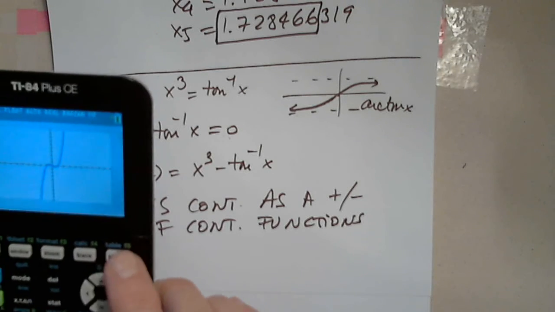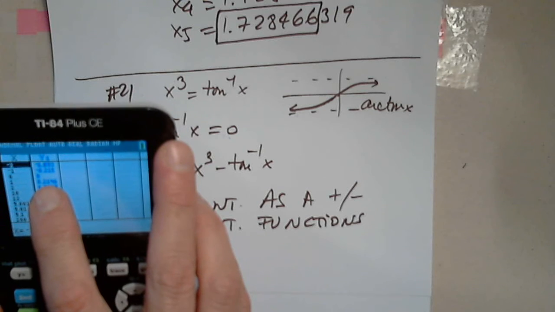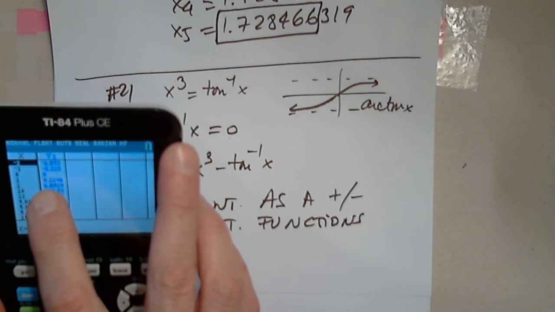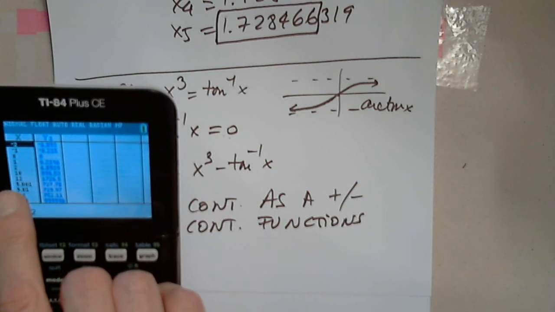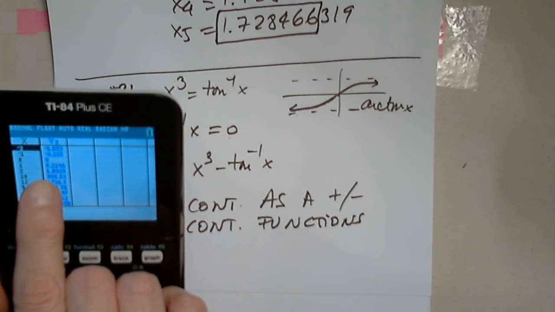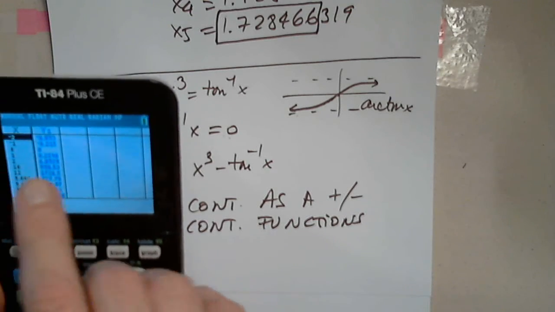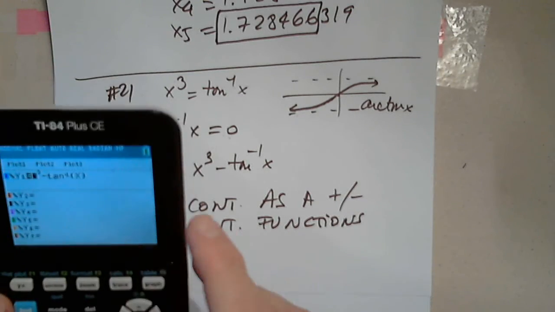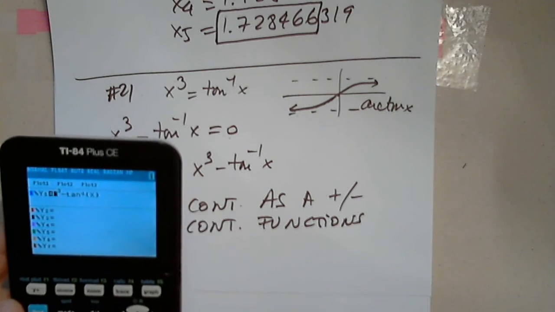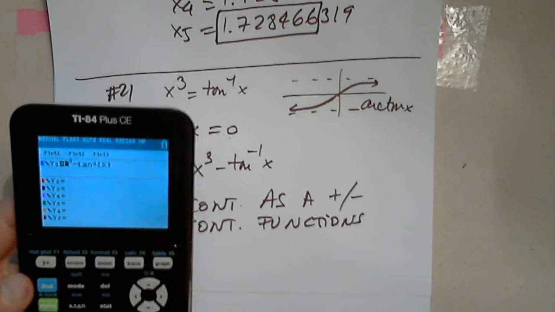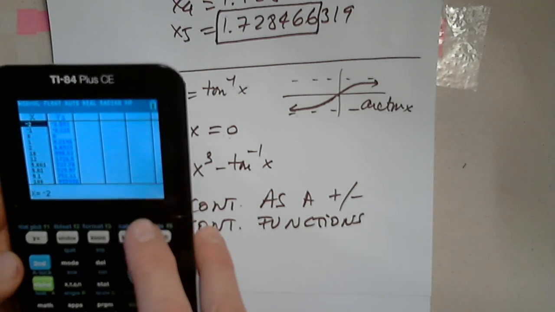So let me go back to the table. Negative and 0, and still negative, and then between 0 and 1 and 2, and it goes already. Did I write it? Everything was okay. It was x cubed minus tangent inverse x. That's what we had, yeah. I'm checking.